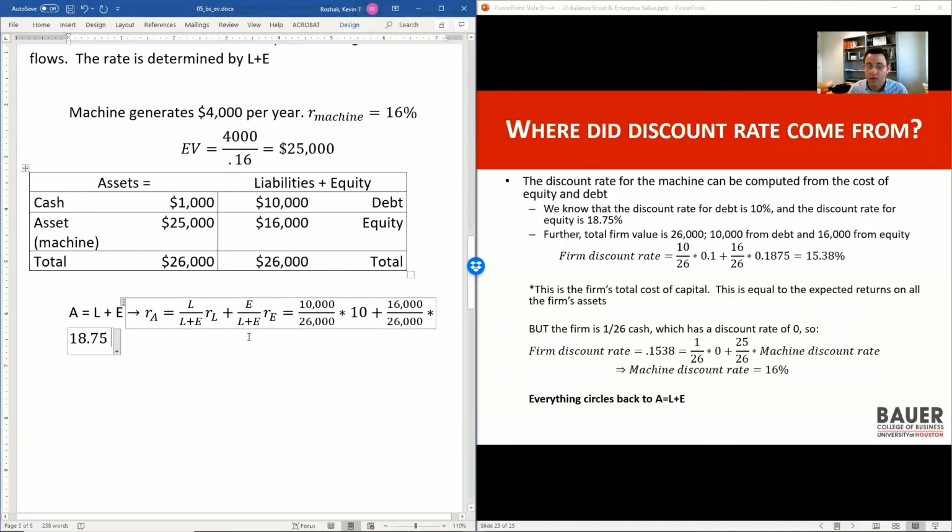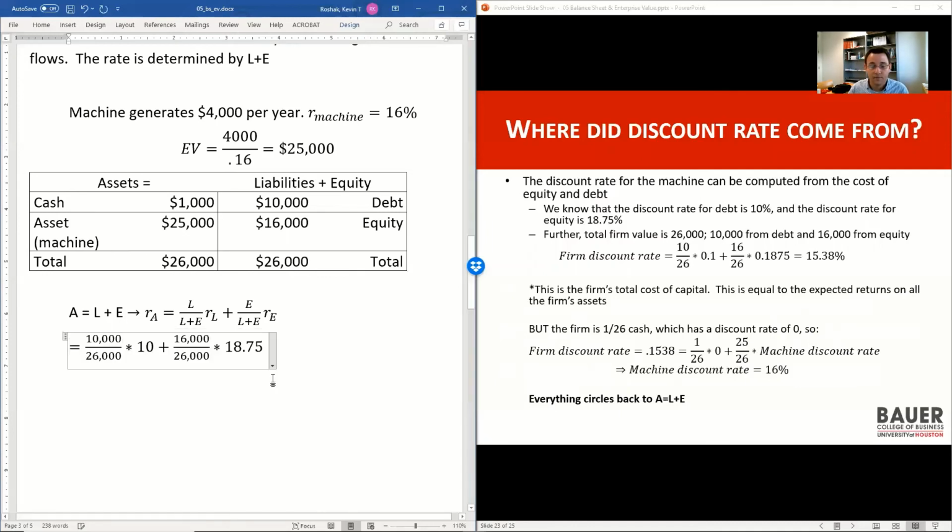So you put all of that together and you get this 15.38%. So this is the return on the assets of the company. All the assets are generating 15.38. That's getting divvied up between debt holders, they're getting this, equity holders are getting that. Okay, that's just algebra. It's just an algebraic reworking of the balance sheet identity.